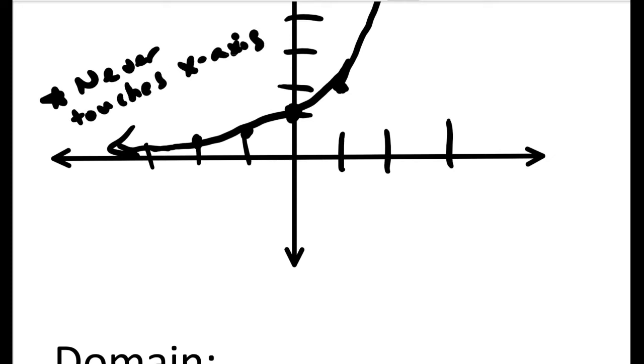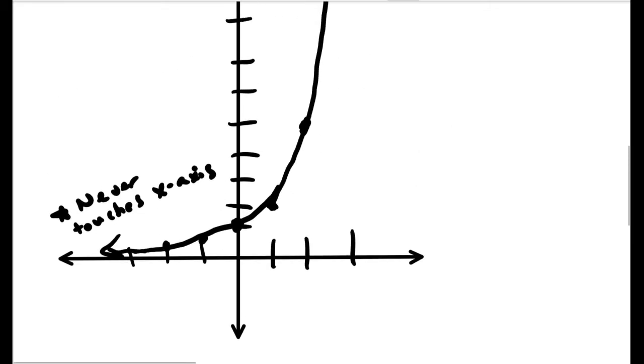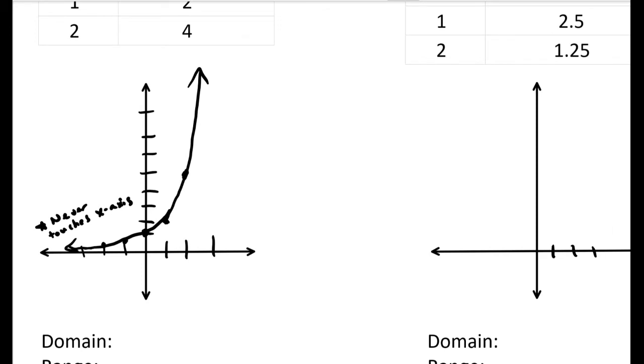So this side never touches the x-axis. So it does not touch the x-axis on that side. Therefore, it can never actually cross the x-axis, so there is no x-intercept here. All right, and then it's clearly going up on the right side.